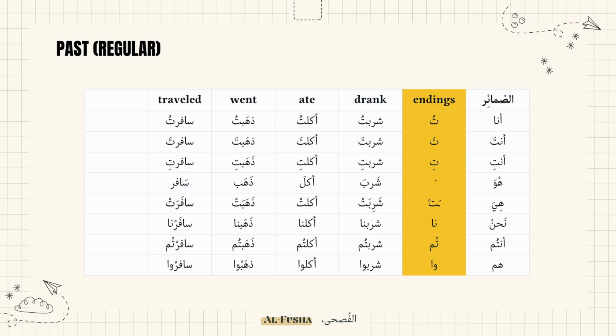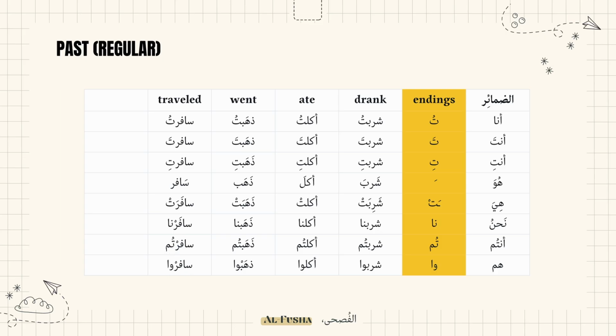So أنا سافرت. أنت سافرت. أنتِ سافرتِ. هو سافر. هي سافرت. نحن سافرنا. أنتم سافرتم. هم سافروا. Well done. Okay. سافر, سافرت, سافرنا, سافرتم, سافروا.